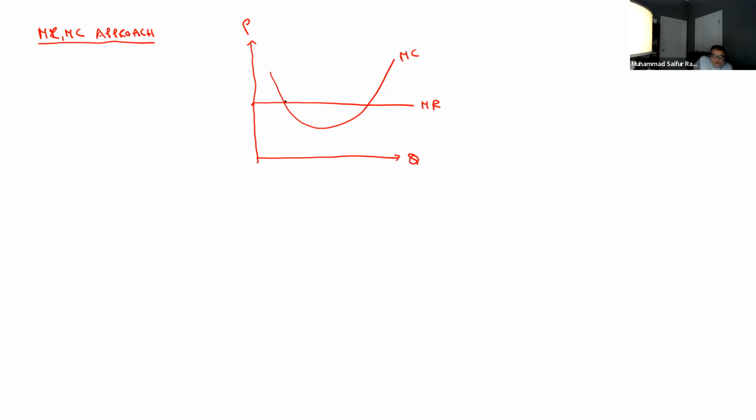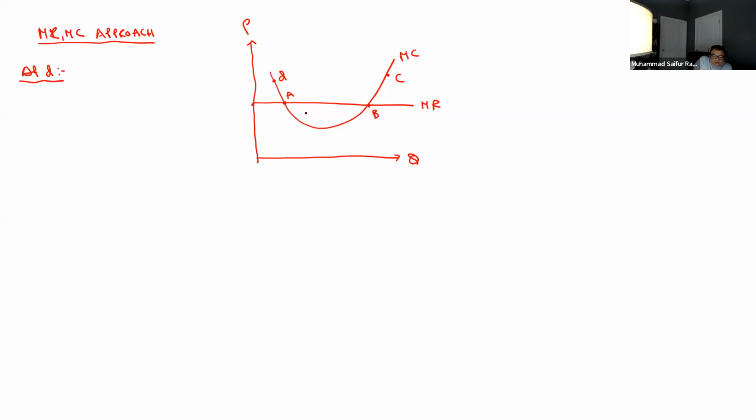Now we are going to think about several points. Let's say A, B, and I'm going to look at a point like C and a point like D. I'm going to start with point D.